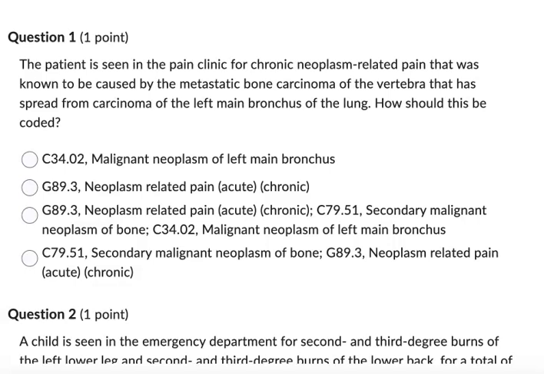In our class, when you take a quiz, only the codes are there, so you'll have to use the electronic manual to locate the codes. So why do I want you to review each code and code description? Because you need to understand and identify what the differences in the codes are. So in this particular scenario, you got C34.02, you got G89.3, you got C79.51.